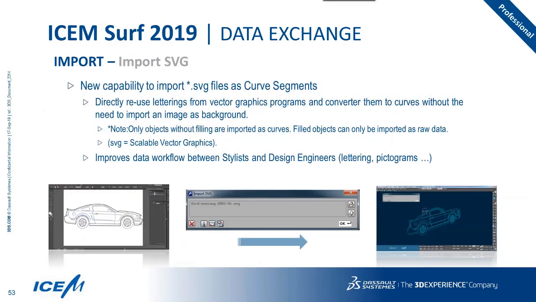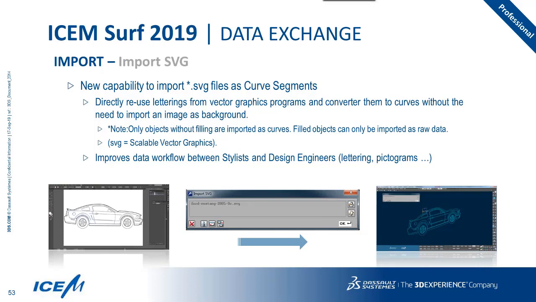And for those of you that like to use SVG files, Adobe Illustrator files, I believe it's a standard format. So we can bring them straight into IcemSurf as vector-based geometry. So if you import just wireframe objects, they will come in as curves.